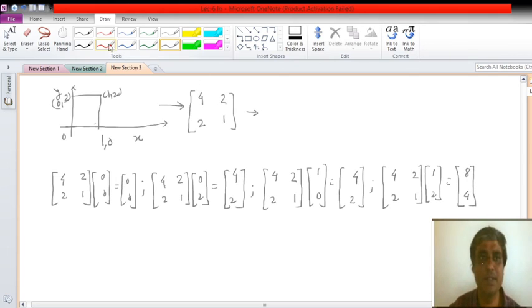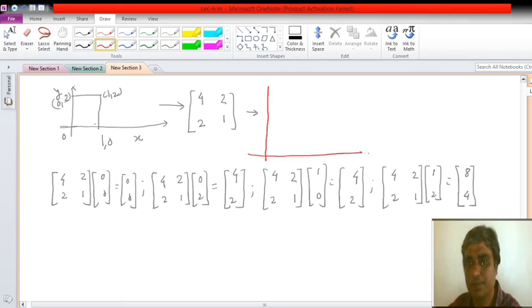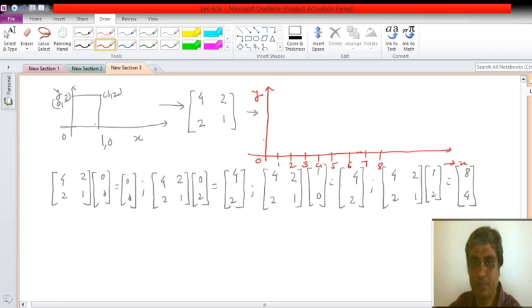Now let us plot the mapped resultant, what it is. On the axes, say y and x, 0, 1, 2, 3, 4, 5, 6, 7, 8, and 1, 2, 3 and 4, right? Okay, so this is my grid.